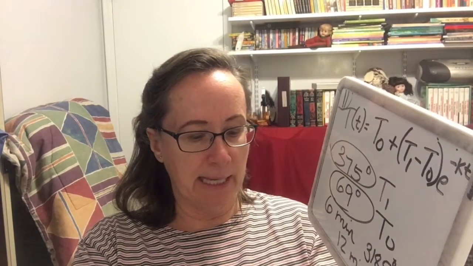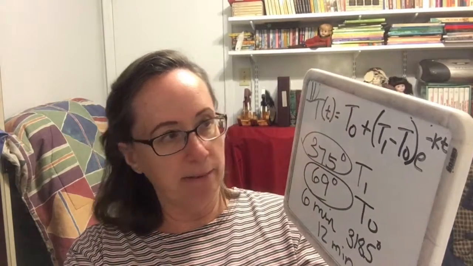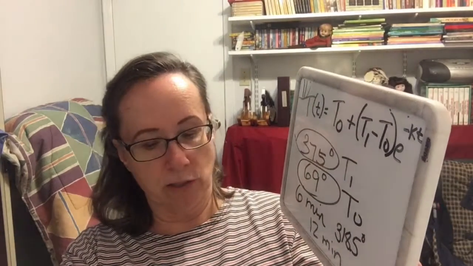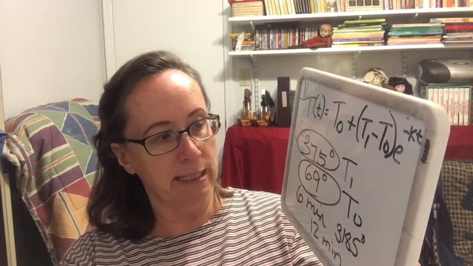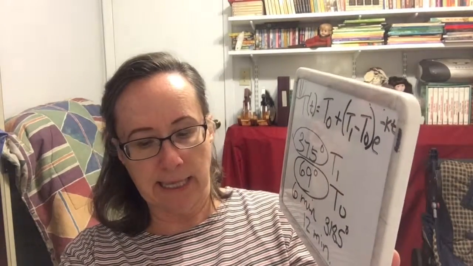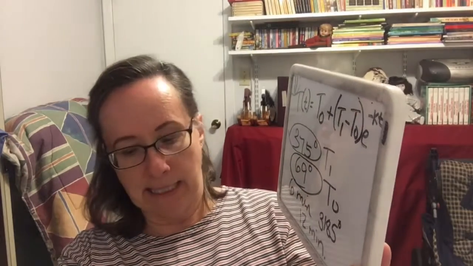So we're going to say T of t is T sub 0, which is 69, plus T sub 1, which is 375 minus the 69 in the parentheses, e to the negative kt.